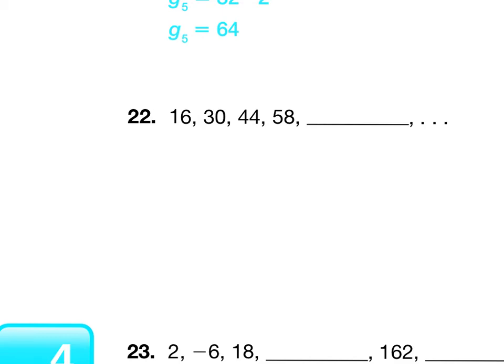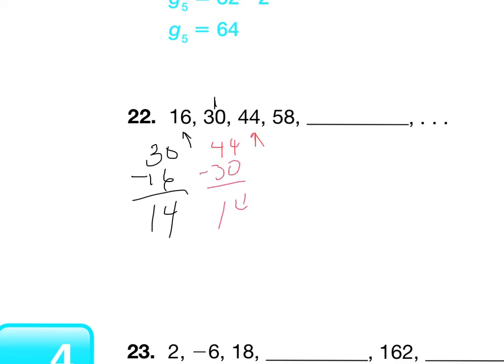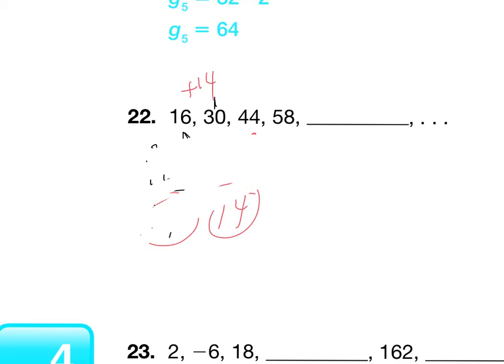I'm going to get the second number and subtract the first number from it, and that's 14. Then I take the third number and subtract the second number, and that's also 14. So look at that, definitely we were adding 14. So now we know it's arithmetic.